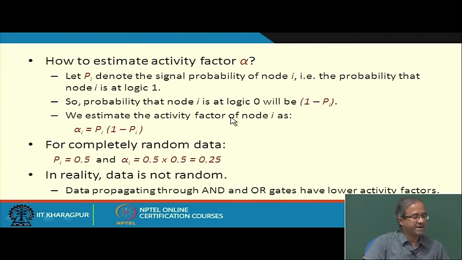So, activity factor, from the consideration I explained some time back, alpha i we defined as the product of Pi and 1 minus Pi, because there will be an activity whenever the node will be at 1 and also at 0, then only there will be a transition, right. So, when the data which is coming is totally random, which means they are equally 0 or 1, the probabilities are equal.